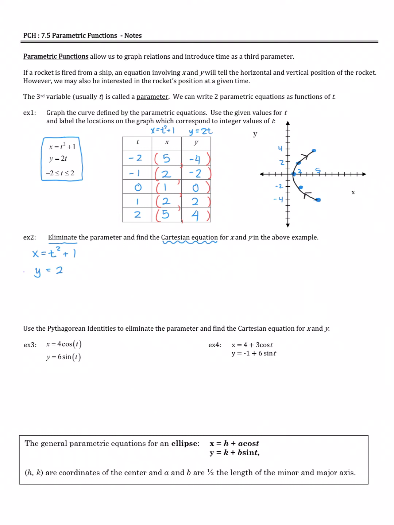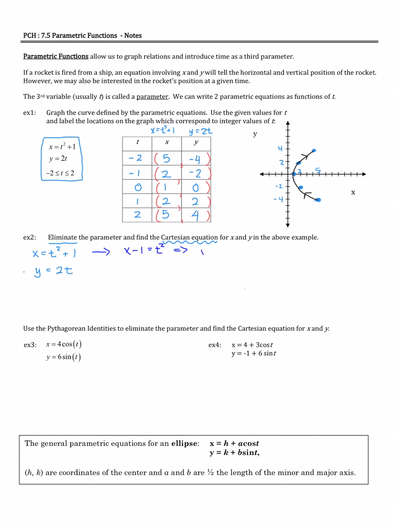So to eliminate the parameter, I'm going to first write down my two equations that we're working with. Our goal is to have a final equation that is just in terms of x and y. The first thing I do is isolate t in the x equation, and then substitute it into the y equation. So x minus 1 equals t squared.